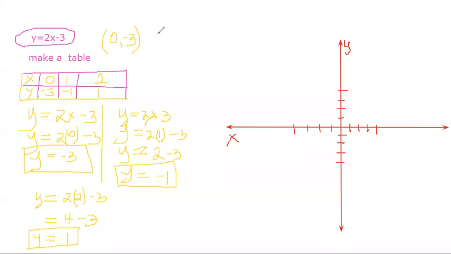Second point is when x is 1, y is negative 1. That's our second point. Third point natin is when x is 2, y is 1. So we have 3 points to plot in our Cartesian plane and coordinate system na make sure straight line ang kalalabasan nito ha, straight line.